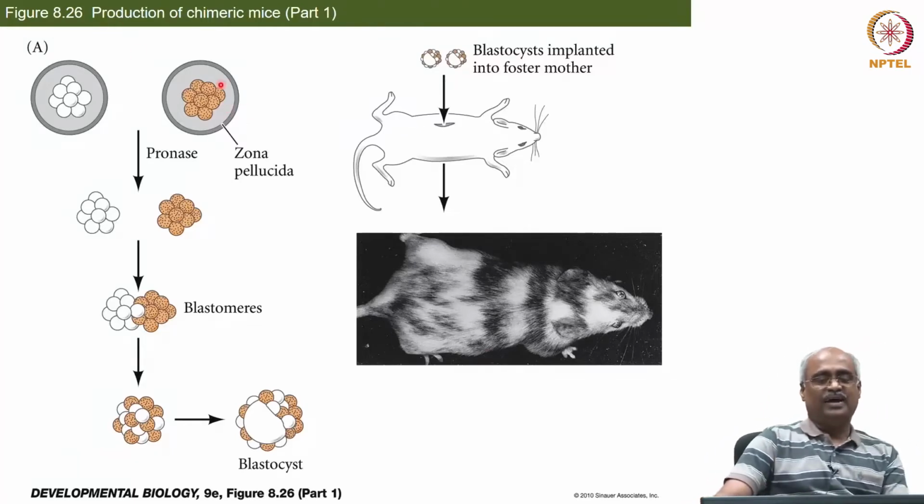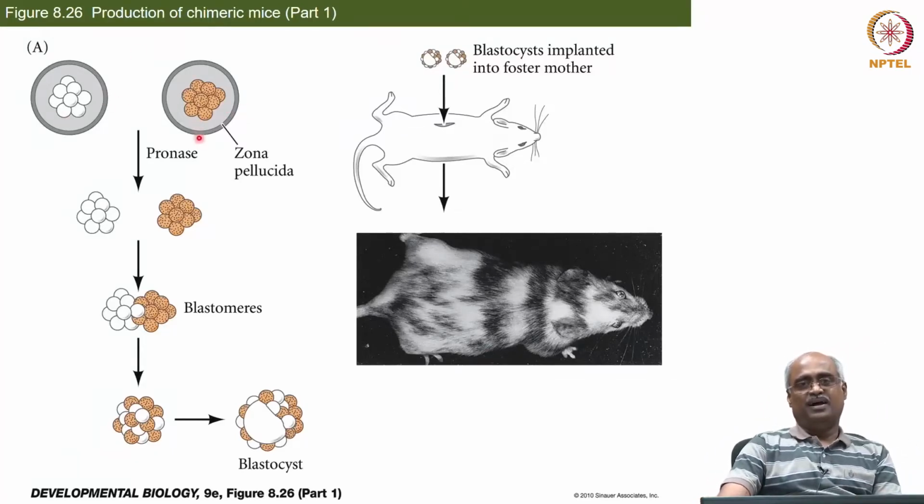So here you have 2 different pigmentation, like the fur color as you see here, 2 different fur color. Okay. So if you take embryos from the 2 different fur colored mice and open up the zona pellucida and allow the cells to mix, for example, it is readily doable before compaction, right?